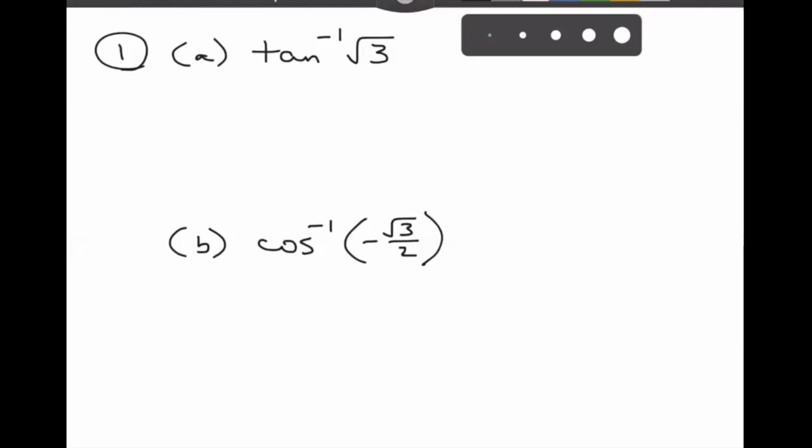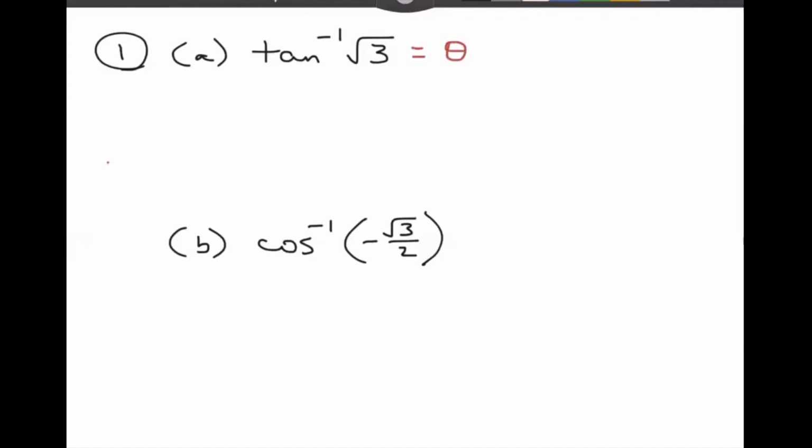Okay, so I think I actually gave away the answer to letter A just a couple minutes ago, the inverse tangent of √3. If you're really rusty on your inverse trig functions, then what you can do is ask yourself, what is an inverse trig function? It's an angle, right? So you can give this an angle sounding name like theta.